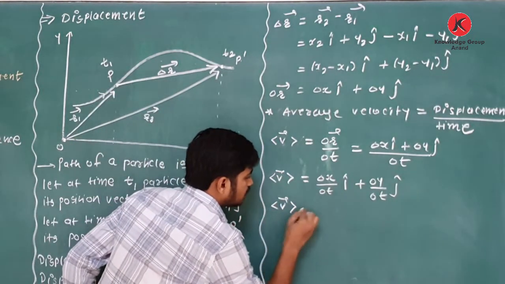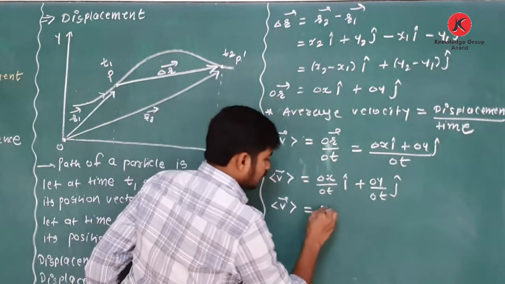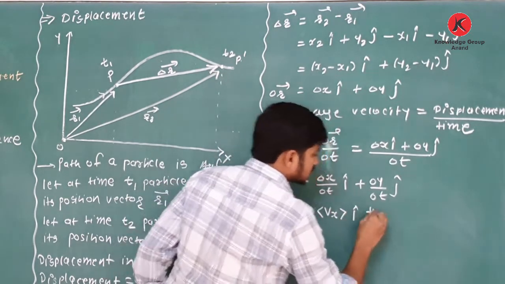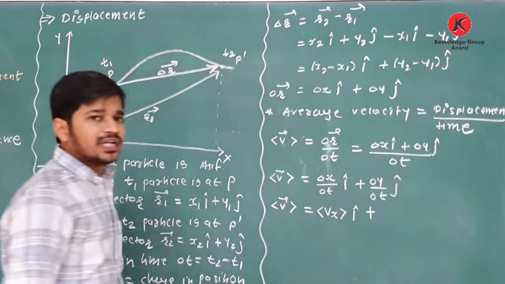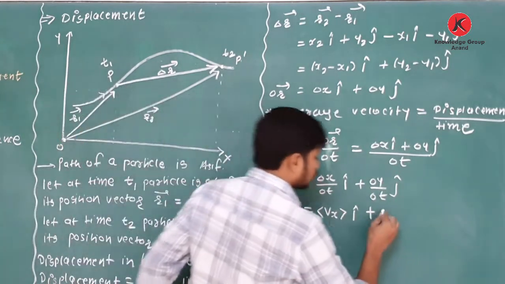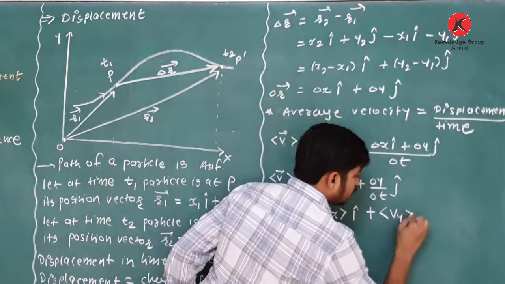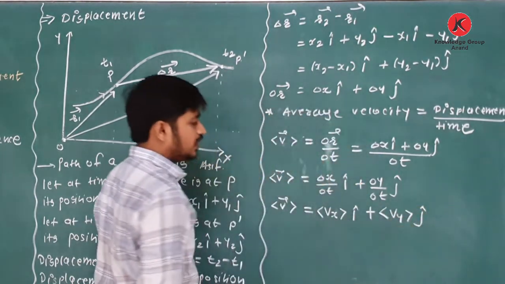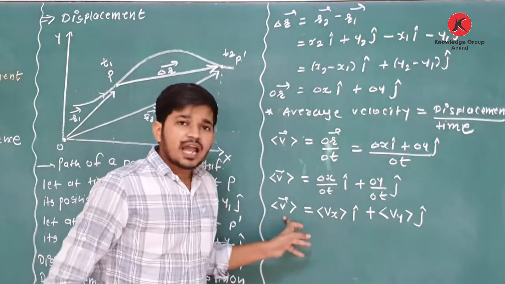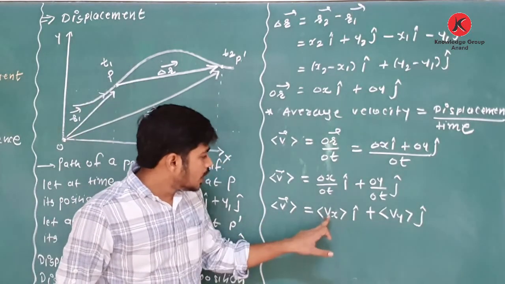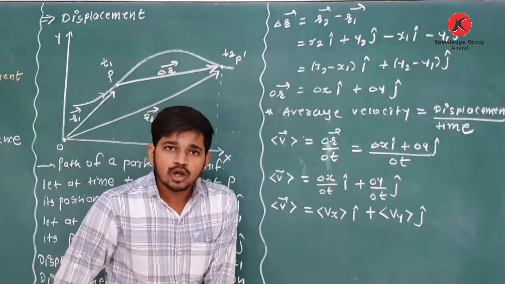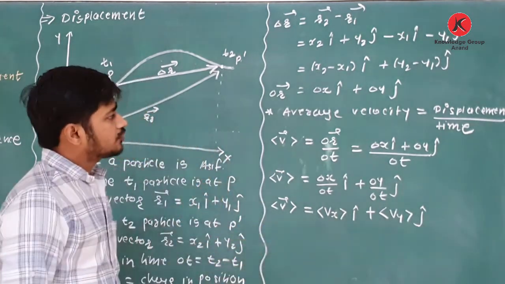Average velocity v is equal to average velocity in x direction vx i caret plus, similarly, delta y upon delta t means y component of average velocity. So here I can write it as vy j caret. Clear about this? So yes, average velocity v is equal to vx i plus vy j caret. Any doubt?